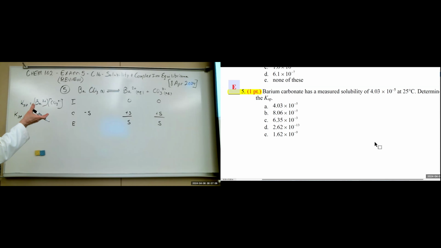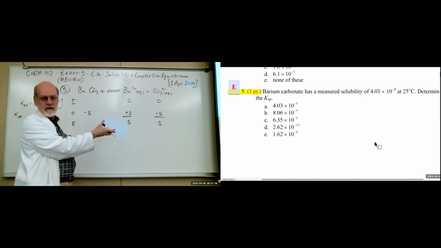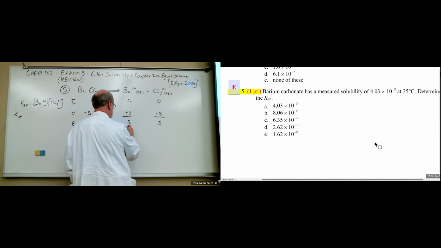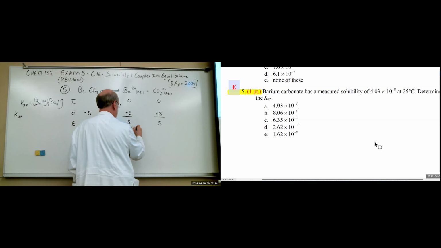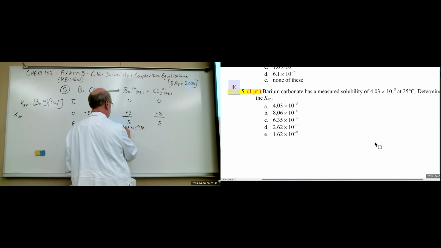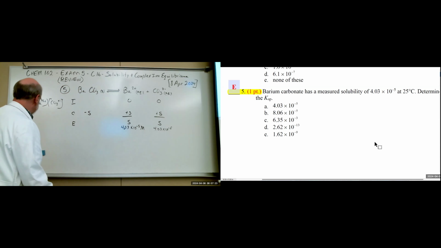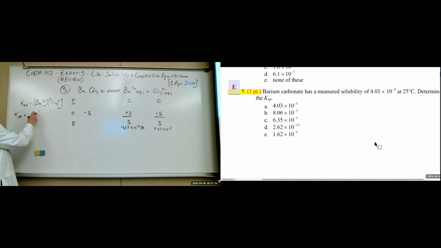All right, measured solubility. Okay. That's the solubility. So this value right here is 4.03 times 10 to the minus 5, isn't it? Yeah, that's it. So if we plug that into this formula, that's going to be S times S, or S squared.